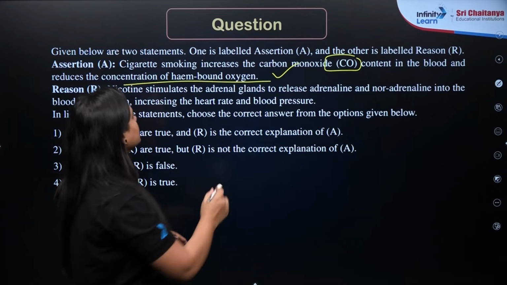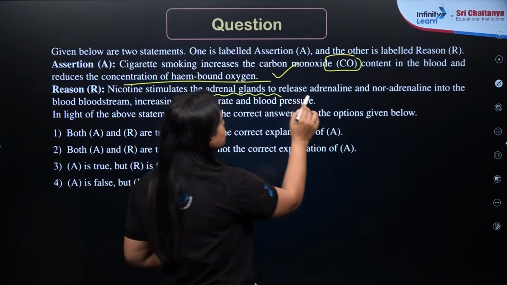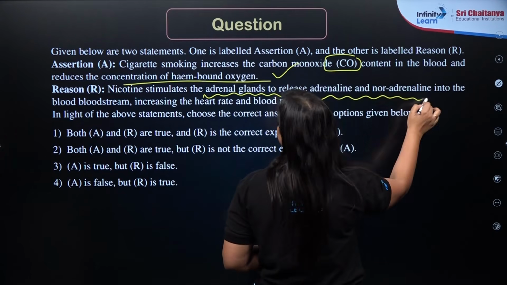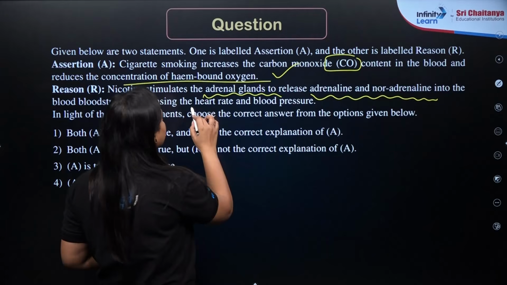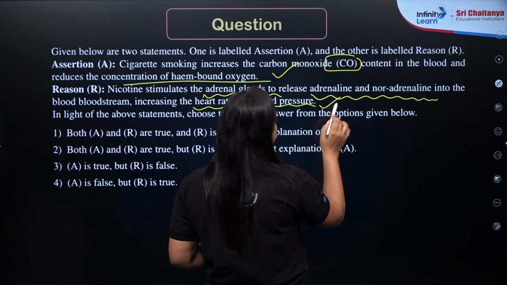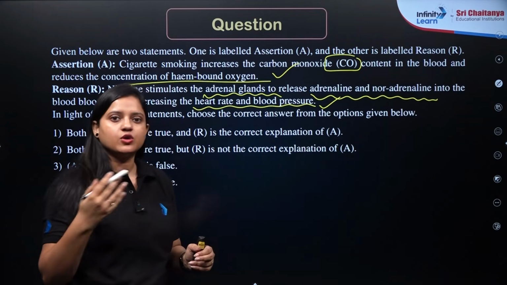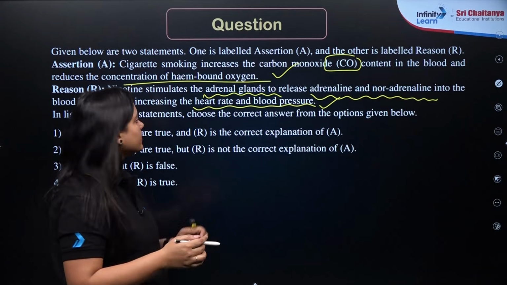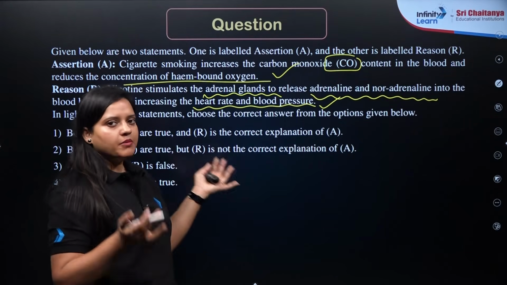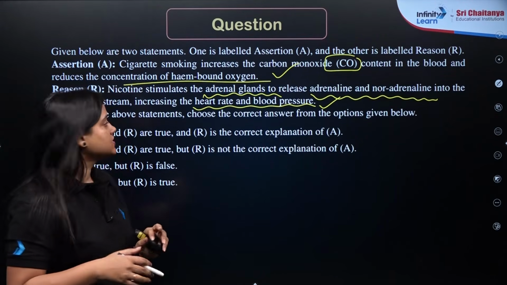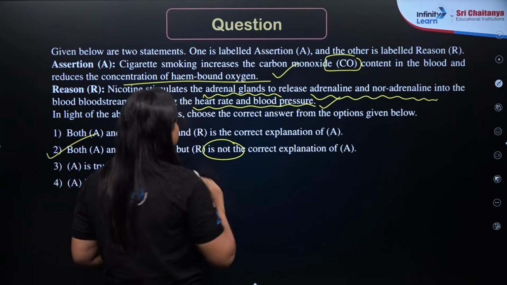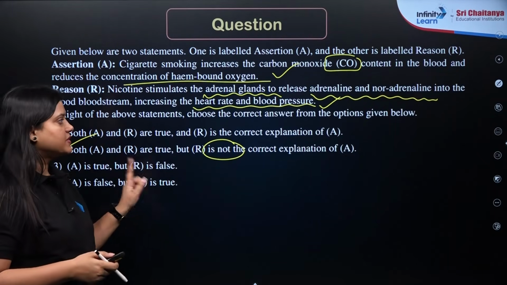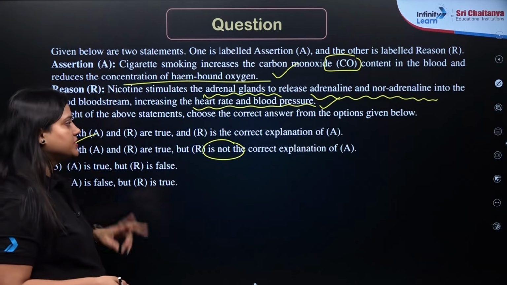Nicotine stimulates the adrenal gland to release adrenaline and noradrenaline into the bloodstream, increasing the heart rate and blood pressure. So that is also a true function of nicotine present in cigarette smoke. So both are true, but definitely not related to each other. So correct answer will be 2. Okay. So both are true, but not the correct explanation of assertion. So answer should be 2.